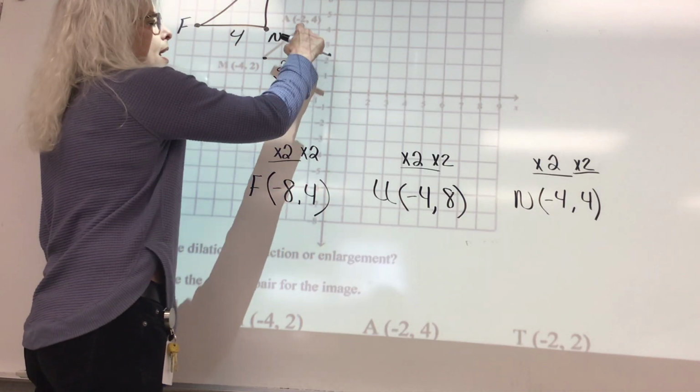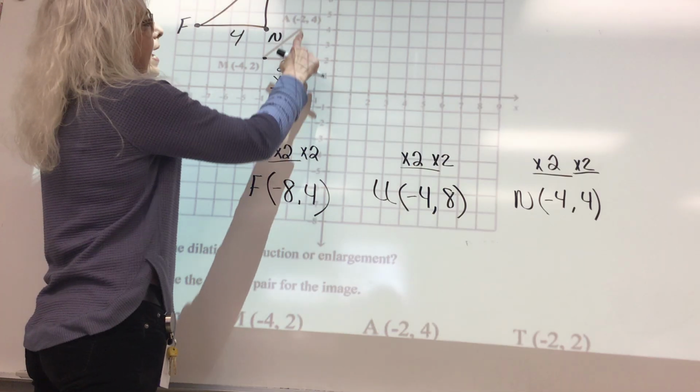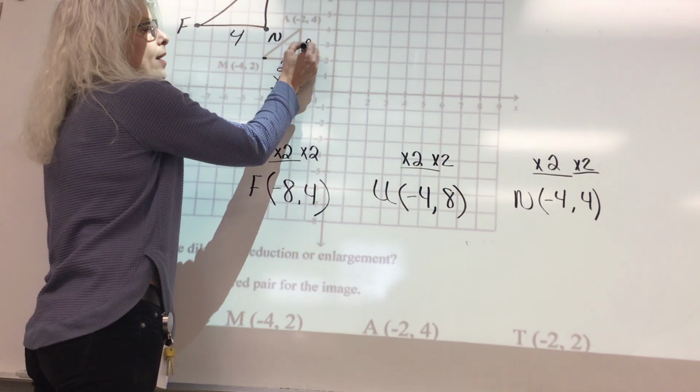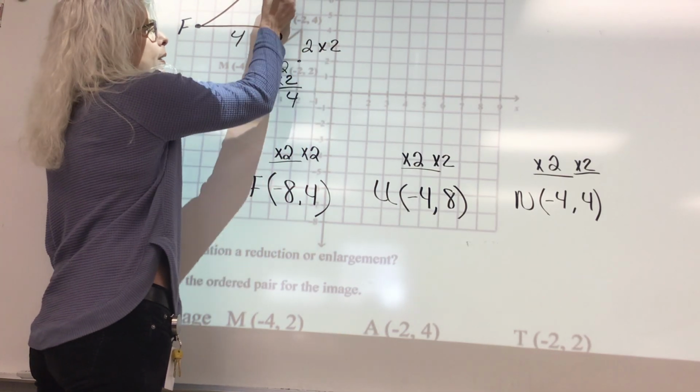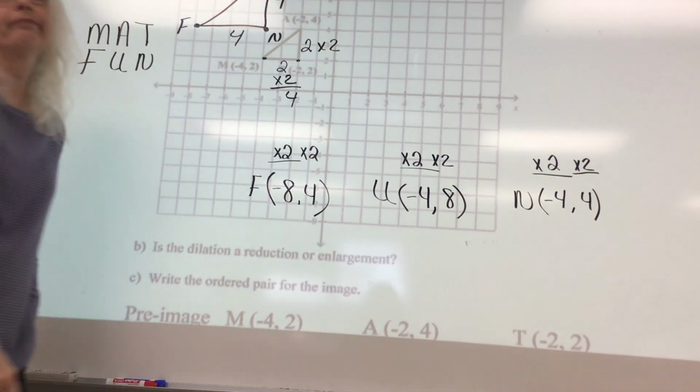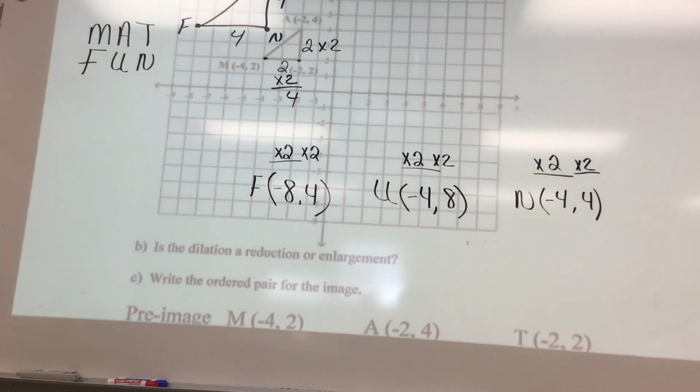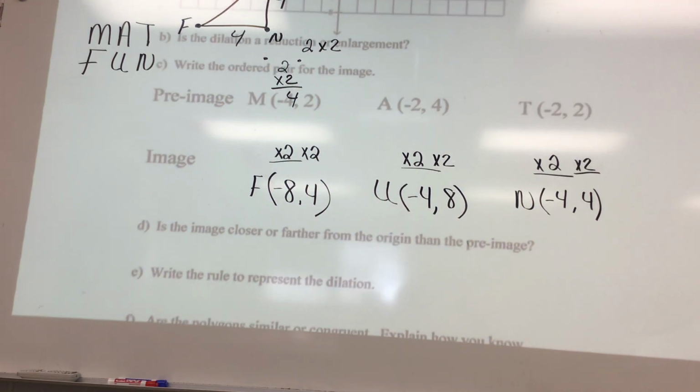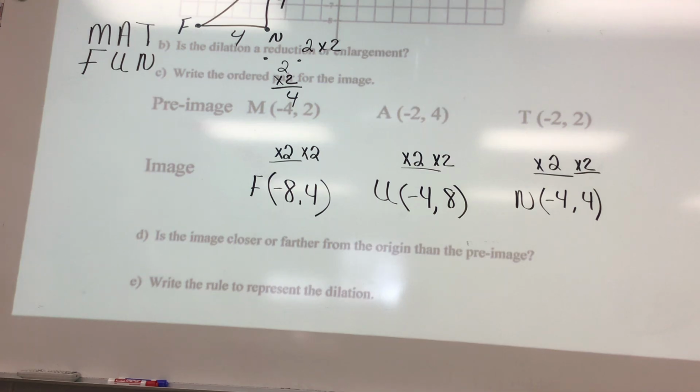How tall is side TA? 2. And if we multiply that by the scale factor, we get 4. So does everything get 2 times bigger? Yes. Alright, so part D. Is the image closer or farther from the origin than the pre-image? Farther.